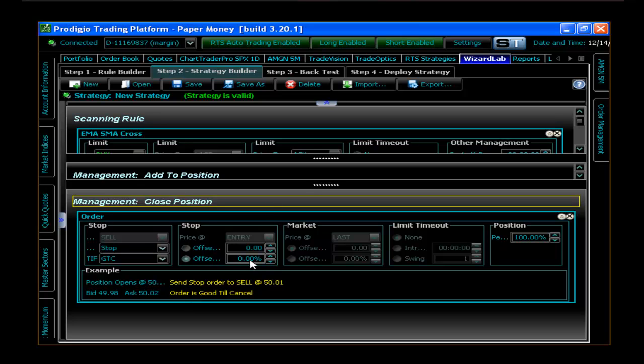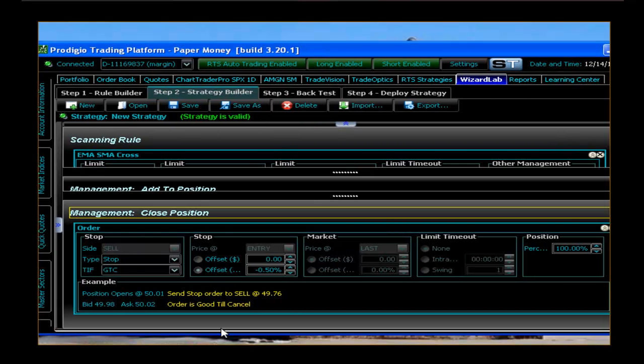So I can specify, I like to use the percentage-based stops here. And if I say something like 0.5% stop here, you have stop and trailing stop. This will put a stop order in to get out of the position if the position moves away from the open price by 0.5%. And so you can get an idea on this. I'm at a very low resolution.